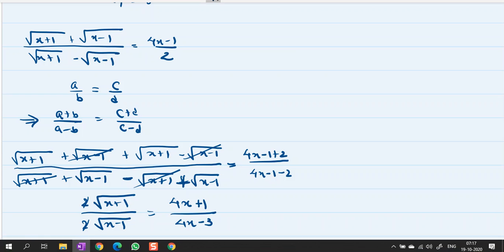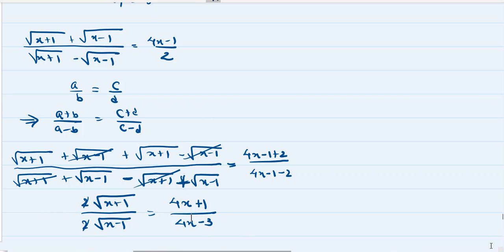Now I'm thinking what to do next. Will squaring both the sides be a good idea? There is no other option if we have to solve for x. We can again do componendo dividendo because that has simplified the question to a greater extent.